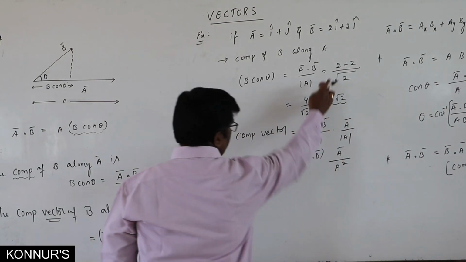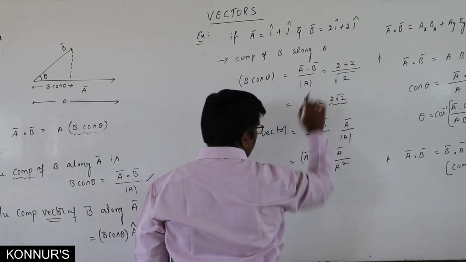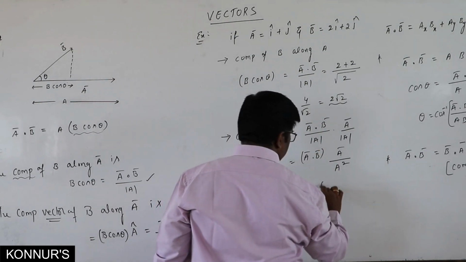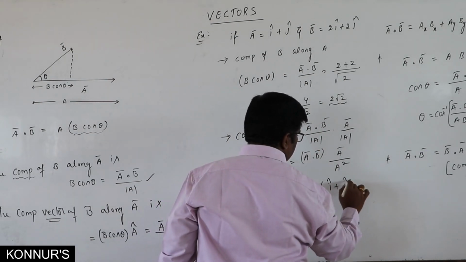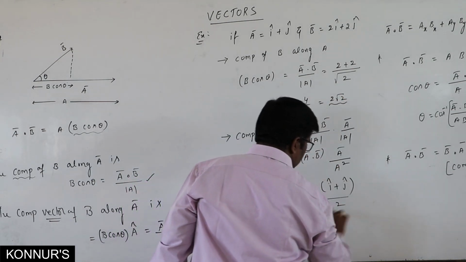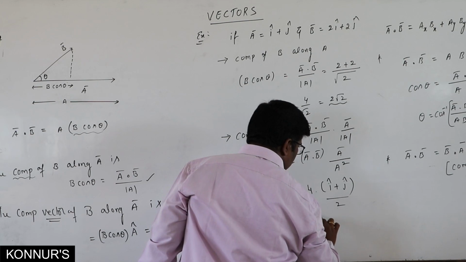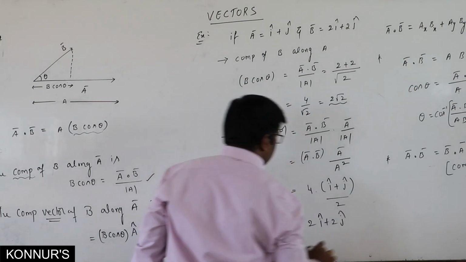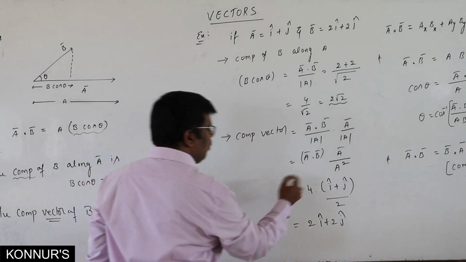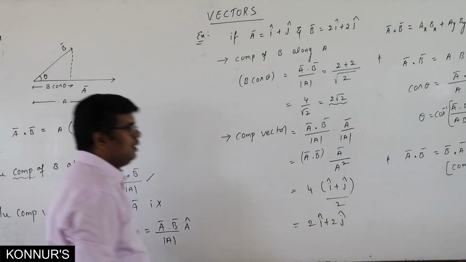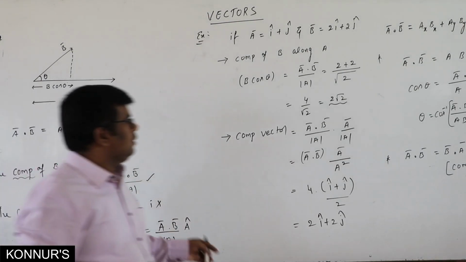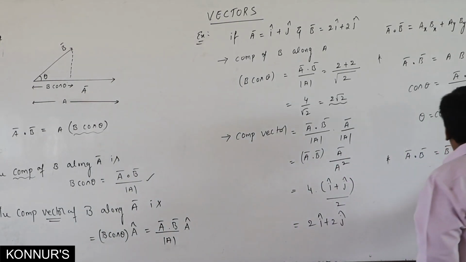We have a bar dot b bar is 4, a bar is i cap plus j cap, and the magnitude of a is root 2, squared means 2. Then it will be 2 i cap plus 2 j cap. See the difference here: if they ask for the component, we have only 2 root 2, and the component vector is 2i plus 2j. That is the way you have to solve it on the basis of the dot product.